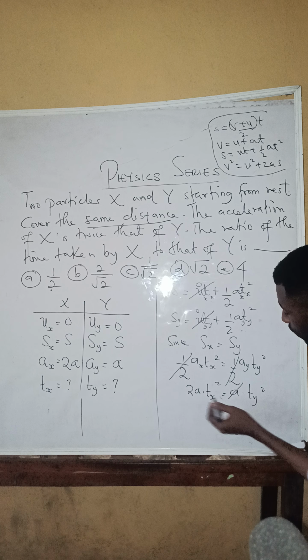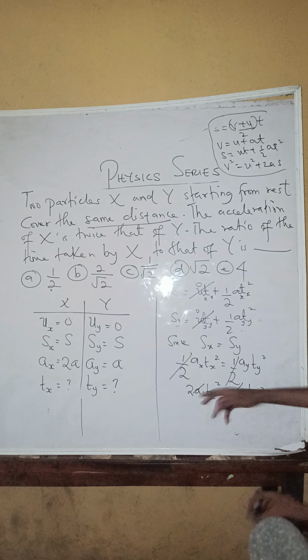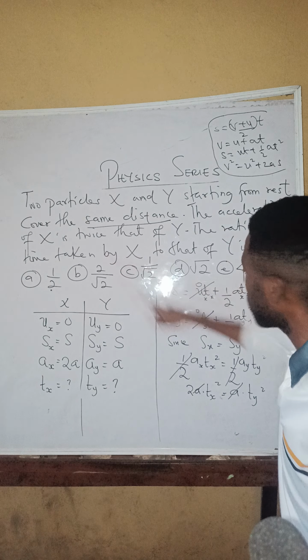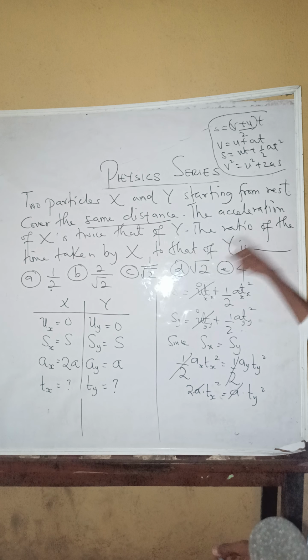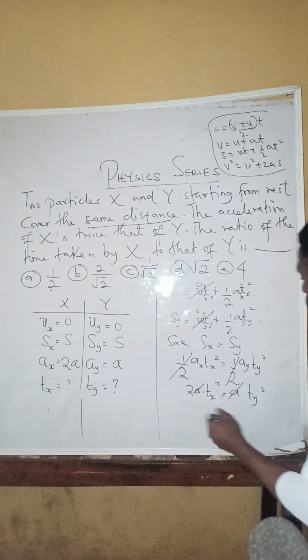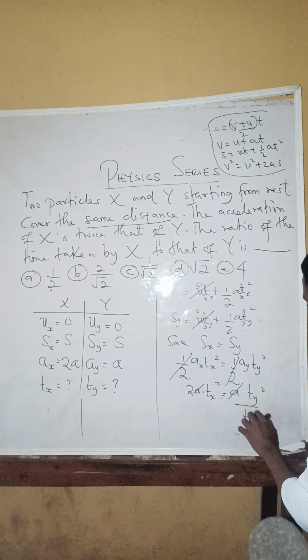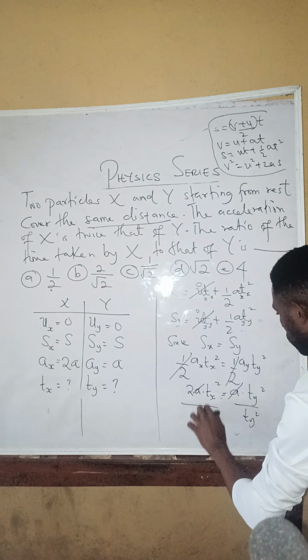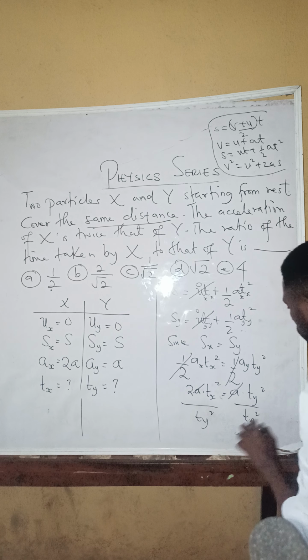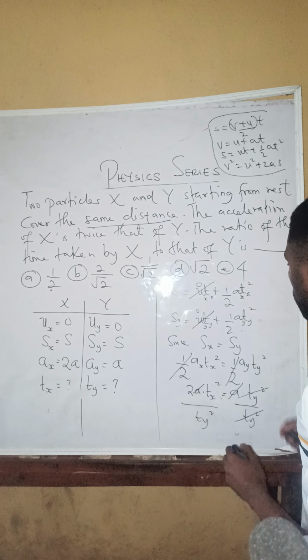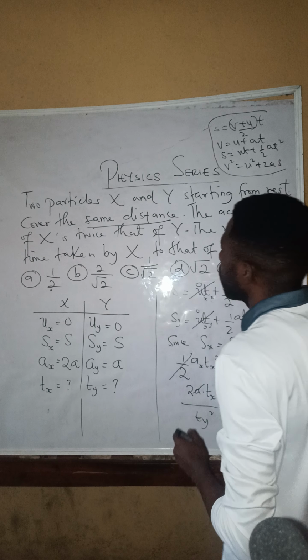So A divided by A. We want to express the time taken by X, TX, as a ratio of TY, so TX over TY. If I divide both sides by TY squared, what do I have?